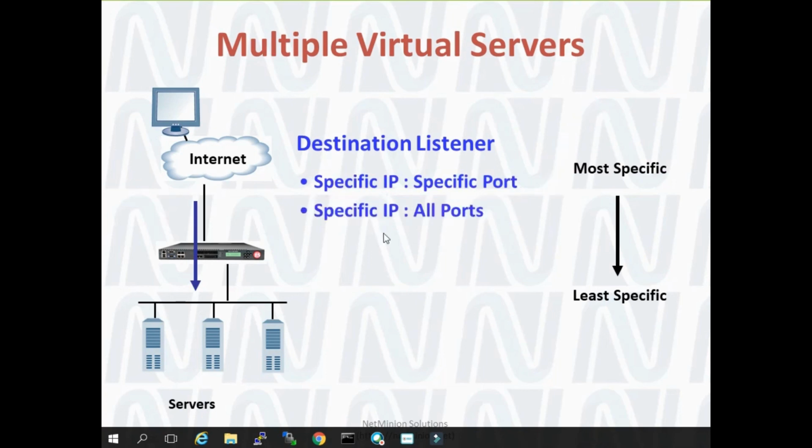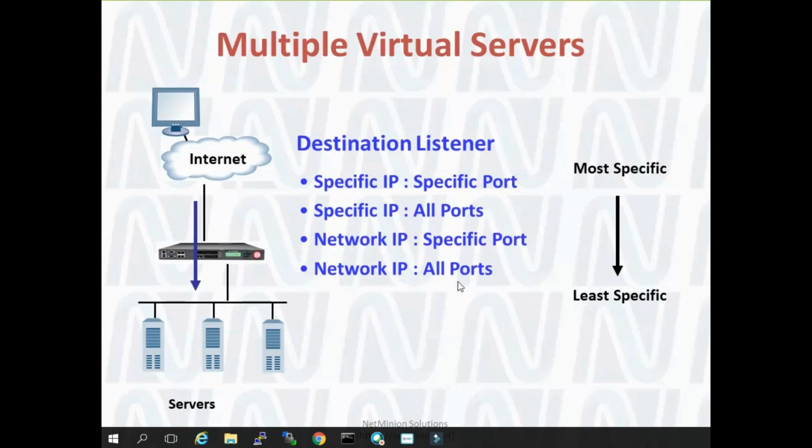This will get preference over the virtual server which has no specific IP, but a specific port. And this will get preference over the network IP and all ports kind of virtual server. Similarly, all IPs one port, all IPs all ports. Any doubt in this?